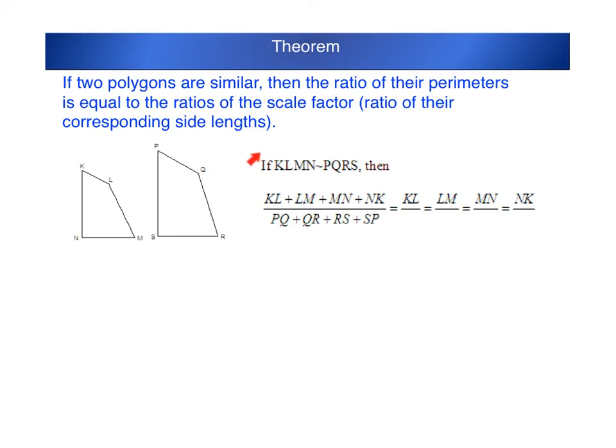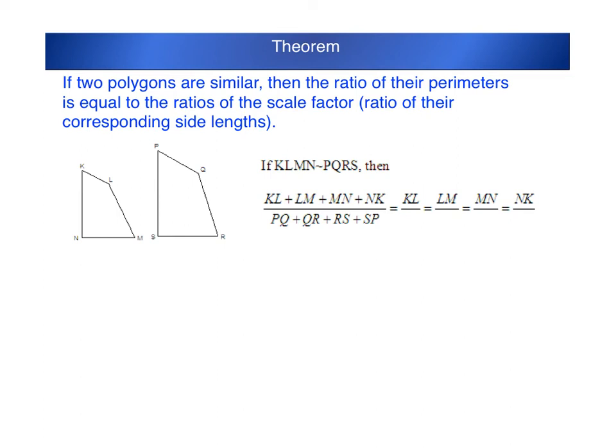So here is an example. I have polygon KLMN. It's similar to polygon PQRS. Then I know if I compare my perimeters that it has to be in the same ratio as all of the side lengths.